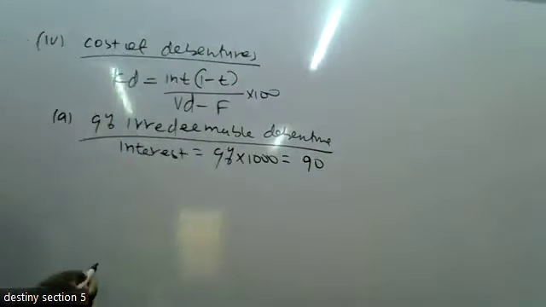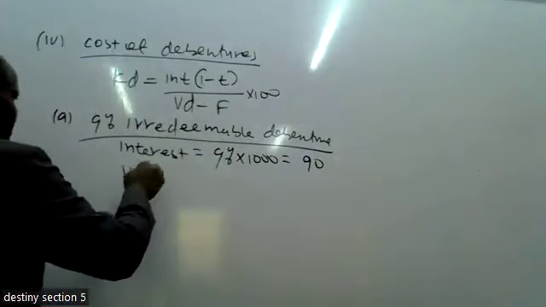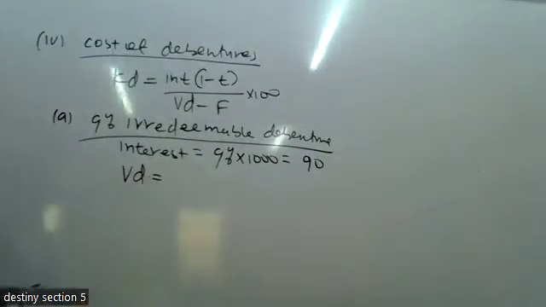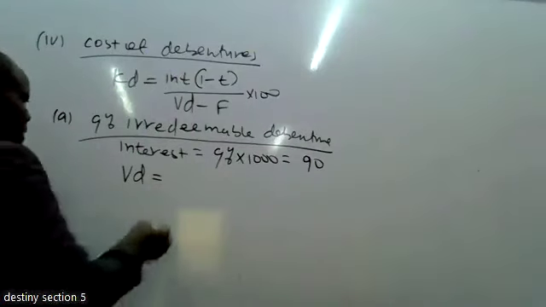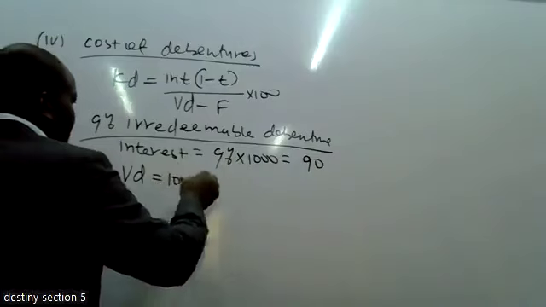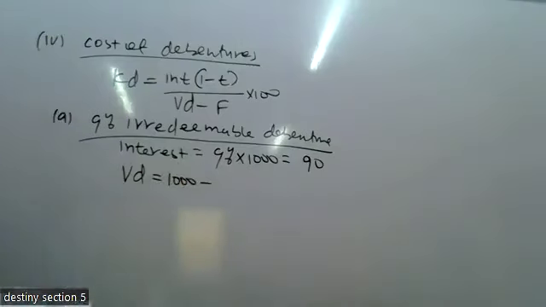Then we should also be able to get the current value for the debenture. To get the current value for the debenture, take the par value, which is 1,000. Then, because it was issued at a discount, you subtract that discount.